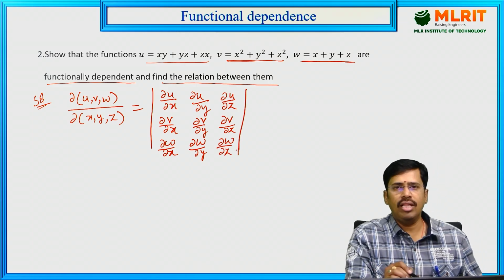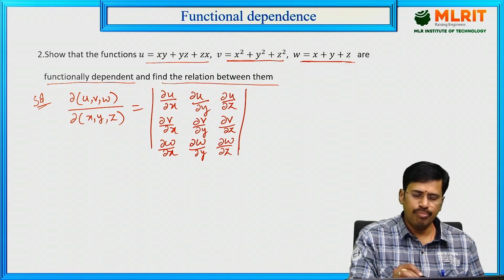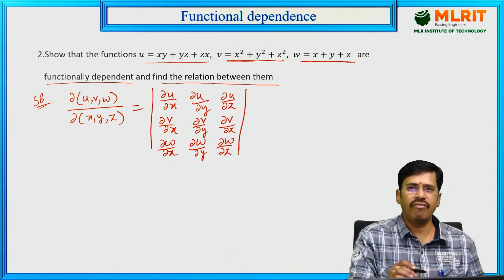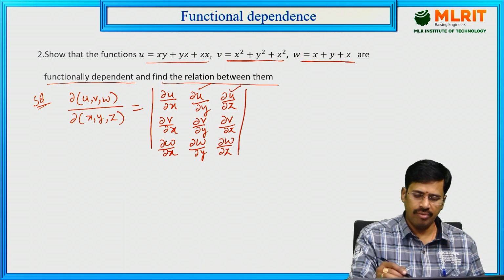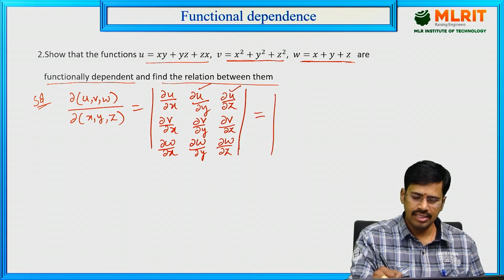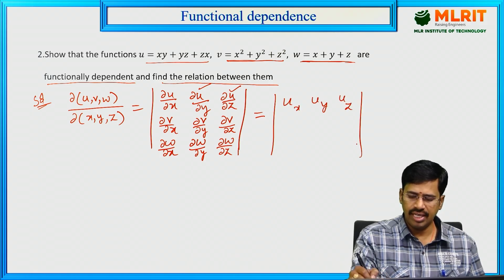So all the partial derivatives with respect to x, y, z. We can also represent this as u suffix x, u suffix y, u suffix z.